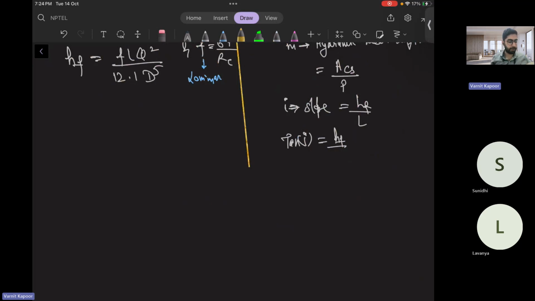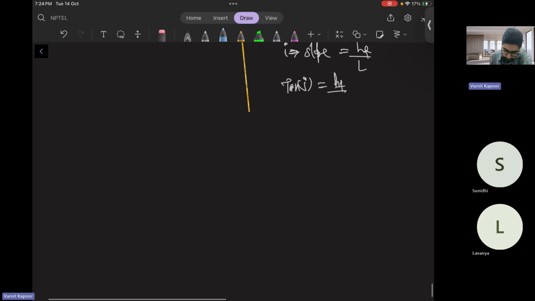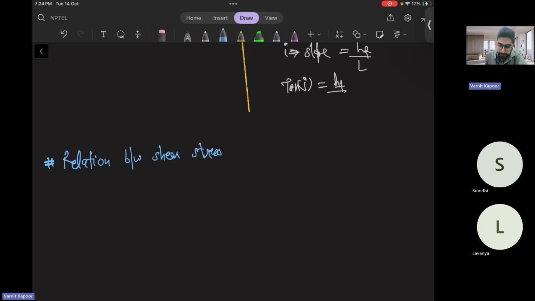Now I'll write a relation between shear stress at the wall and friction factor.